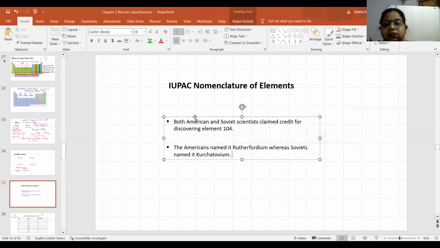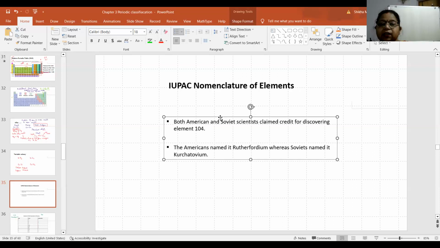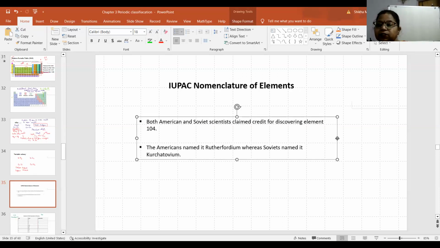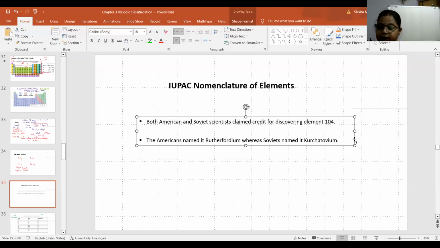Now, as we understood in the last class, total 118 elements are known at this time. But what happens is that, like I am teaching you here, some other teacher might be teaching other students somewhere else, right? And before exams, all of us need to complete the syllabus, have revision and practices. Otherwise, there will be a lot of confusion and collisions.